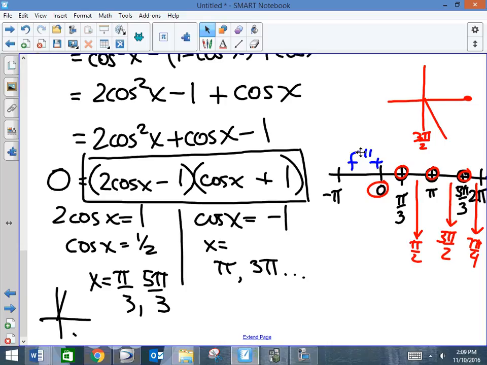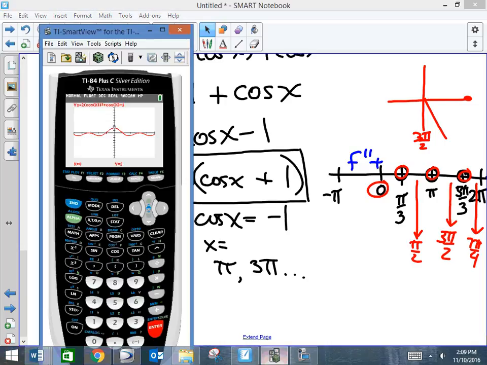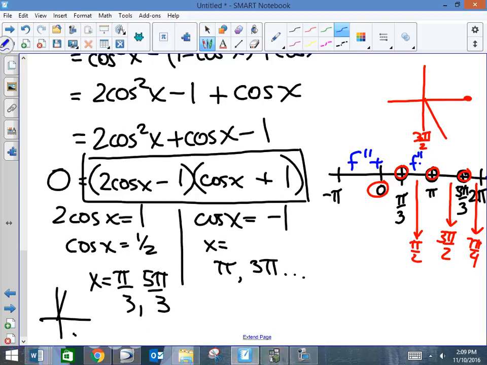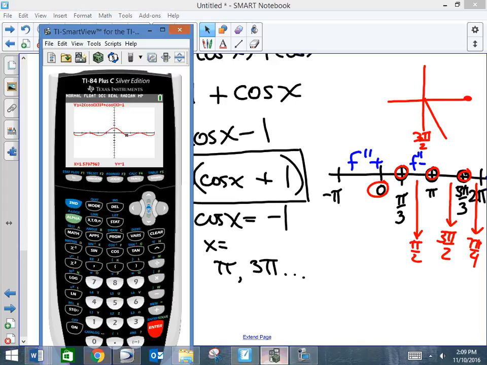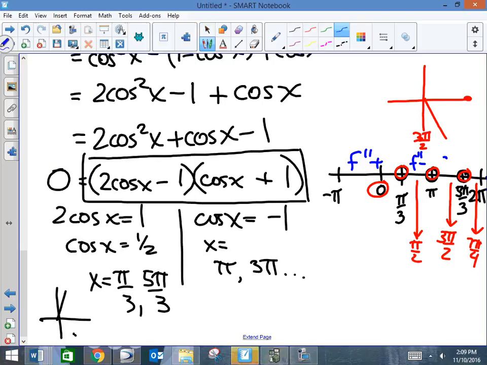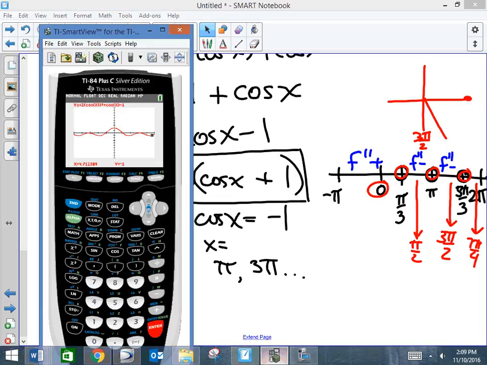Okay. And pi over 2. Negative 1. Okay, and 3 pi over 2. Negative again. And 7 pi over 4.